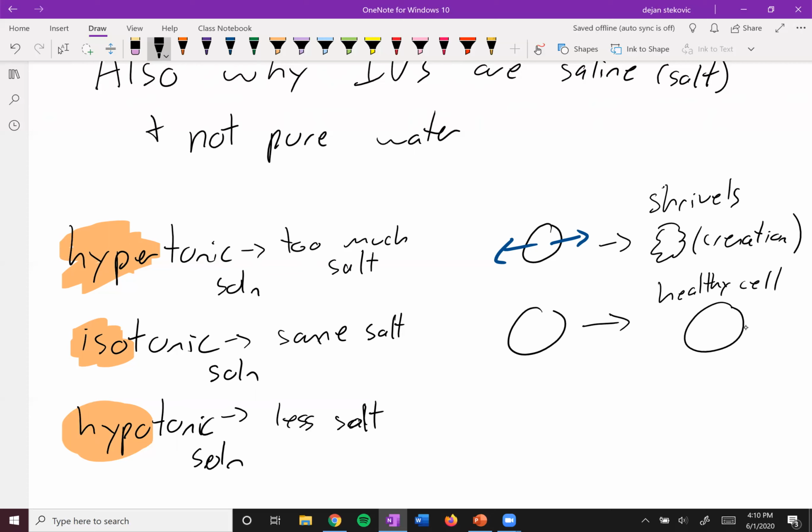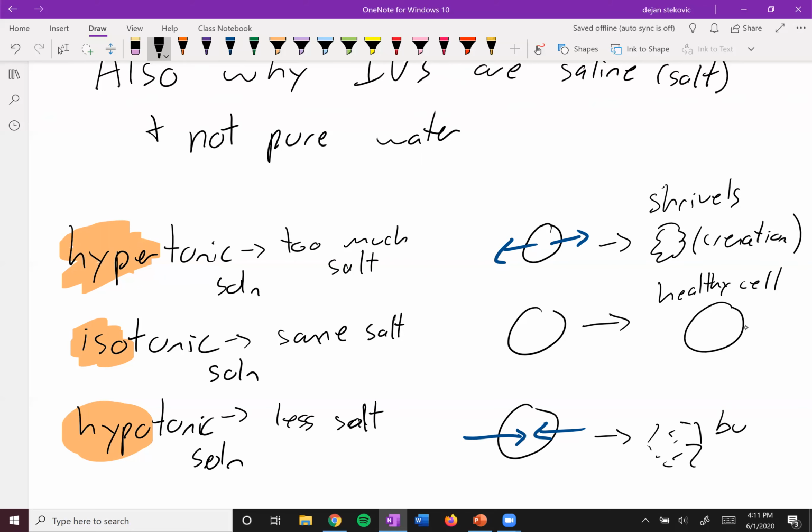And then finally, if you have a hypotonic solution, there's not enough salt in there. There's more salt inside the cell than outside, so the water's going to go inside, and the cell is eventually going to expand too much, and then it will burst, right?